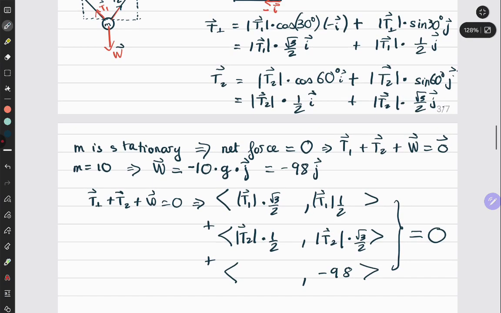I'm going to zoom out and let you take some time to think about this. Three vectors add up to 0. I'm writing them vector by vector. The first vector is right here. That is T1, remember this? Just a different way of writing a vector. Instead of i and j, I can use this.